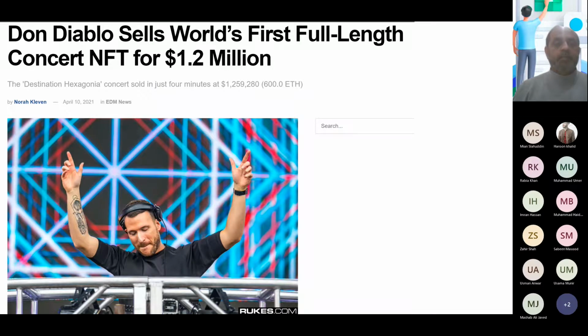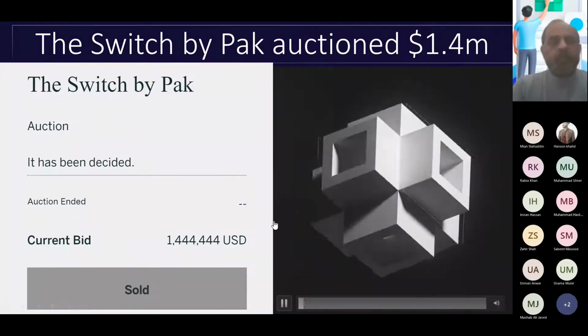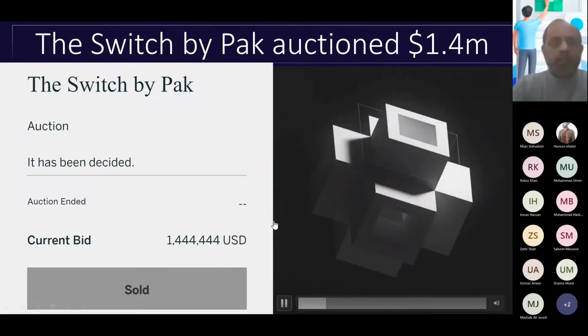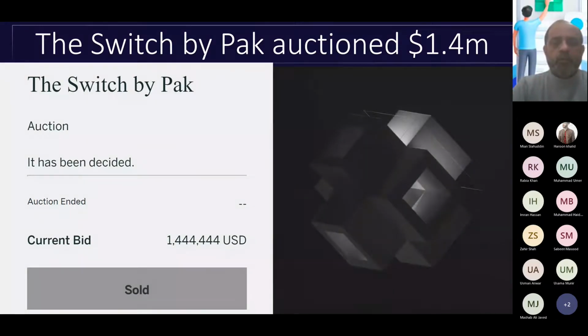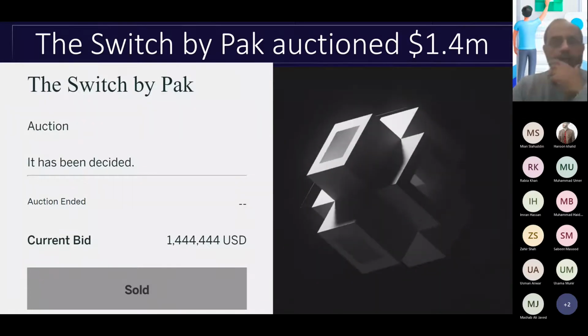This guy thought, why not have a concert where he is using digital art to actually create the backgrounds and the animations he put in the concert, and then he sold it for $1.2 million. And then I showed you this as well, if you remember. This is a switch, the artist name is Spark, and he put it up for auction, and this was auctioned at $1.44444 million.